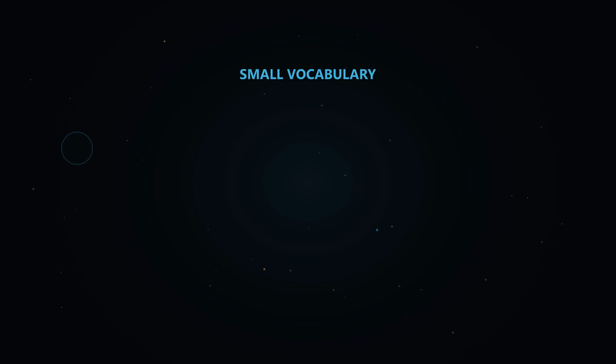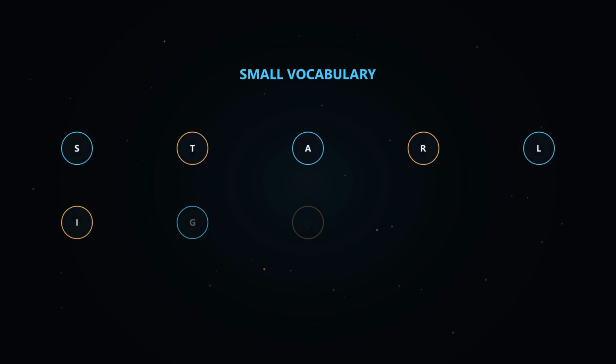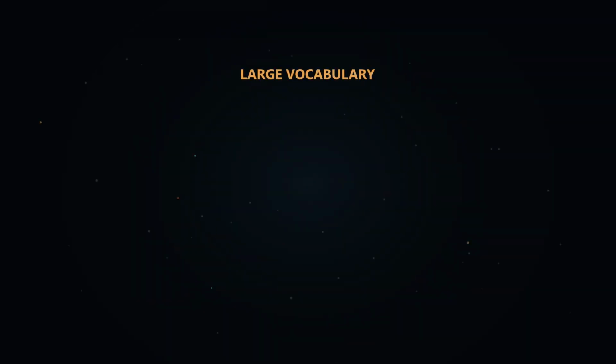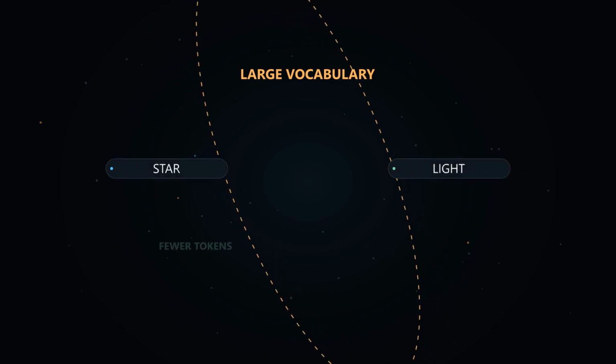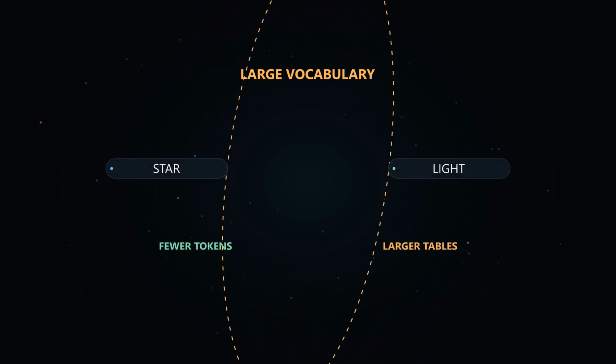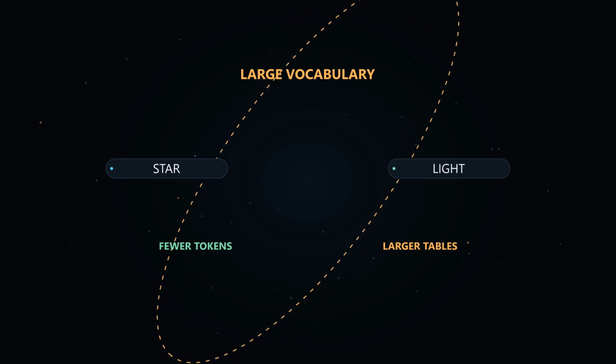Vocabulary size changes the entire system. A smaller vocabulary needs fewer embedding rows and handles unusual text with tiny pieces, but it usually creates longer token sequences. A larger vocabulary can compress common text into fewer tokens, but the embedding and output tables grow, and specialized pieces may receive fewer useful examples during training. There is no universal best size.